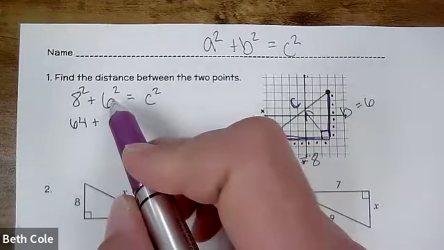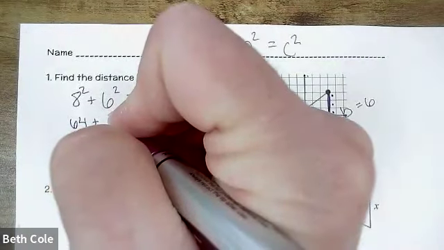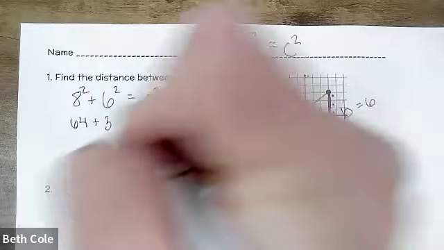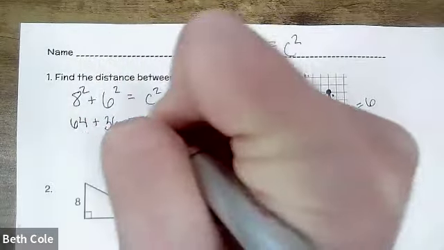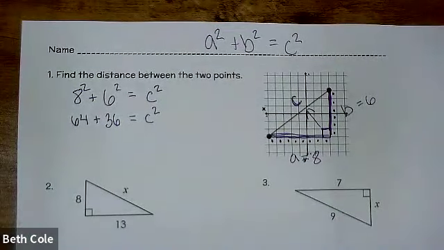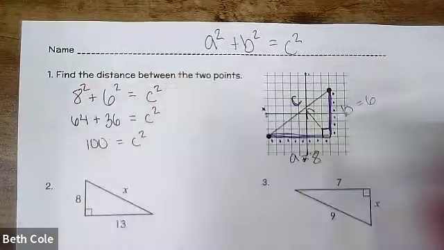Or does anyone know 6 squared? I'll throw it out there. That's a perfect square, so that's good. No one else said anything. It's 30-something. 36. Good job. We get C squared. If you add those together, you get 100.